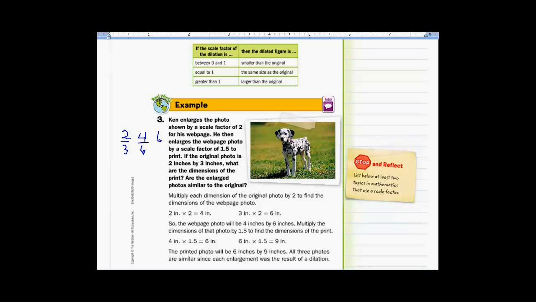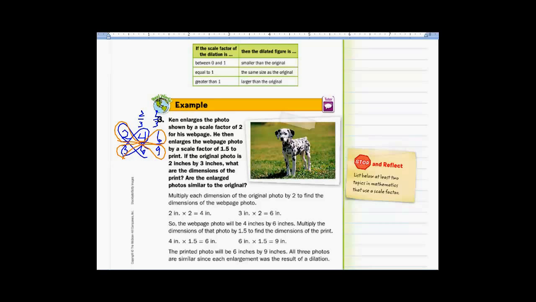And the printed photo ended up a 6 by 9. If you reduce these, 4 6 reduces to 2/3. 6 by 9 reduces to 2/3. Or if you want to check cross products, that would be 12, that would be 12. Or if I even wanted to do like 3 times 6 and get 18, I could do 2 times 9 and get 18. You could check any of those cross products. They are, in fact, going to be the same.